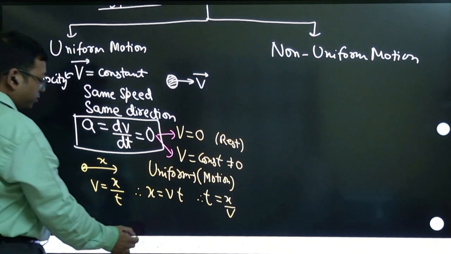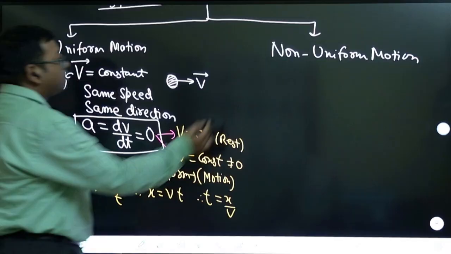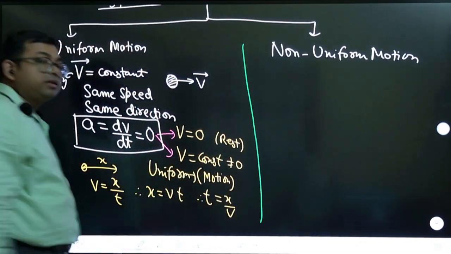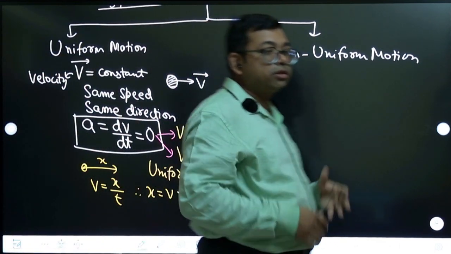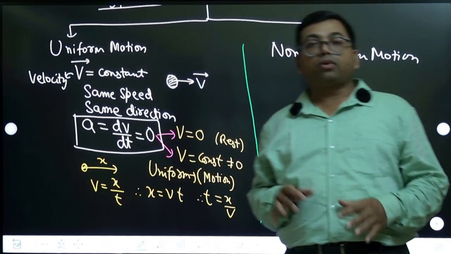But when it comes to non-uniform motion, things will be different, because non-uniform motion means velocity will change, velocity will not remain constant.